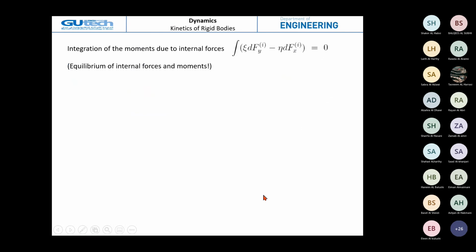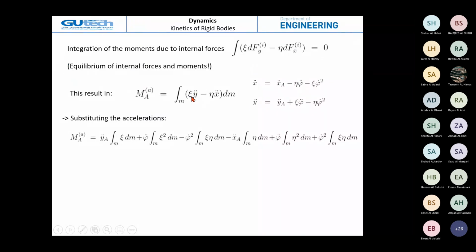If we take the time derivative, we get x ẏ ξ... minus η ẋ dm. ẋ and ẏ are given in the expressions in the previous slide.